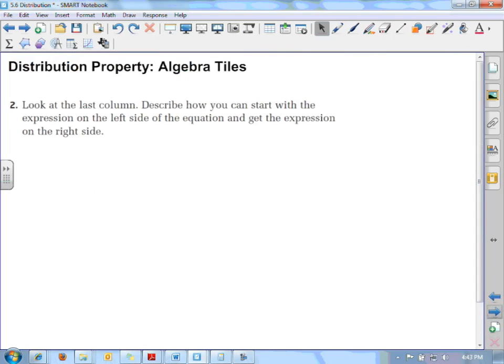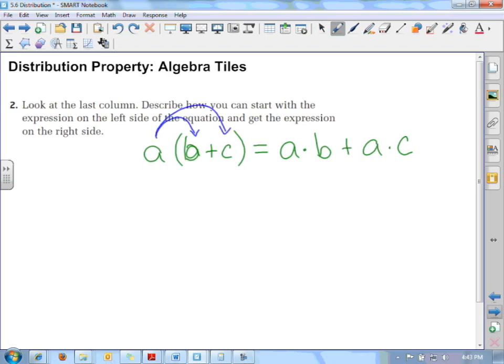So question 2 says, look at the last column. Describe how you can start with the expression on the left side of the equation and get the expression on the right side of the equation. So I'm going to write it down as this. If I have A times (B plus C), I'm going to get A times B plus A times C. We multiply the A with both the terms, or as many terms as there are inside the bracket.